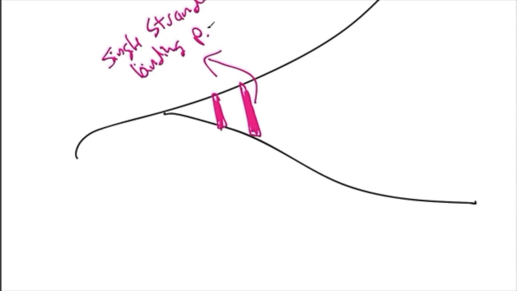So these 2x4s are called single-stranded binding proteins. And their job is to keep the DNA from coming back together again, the opposite strands.